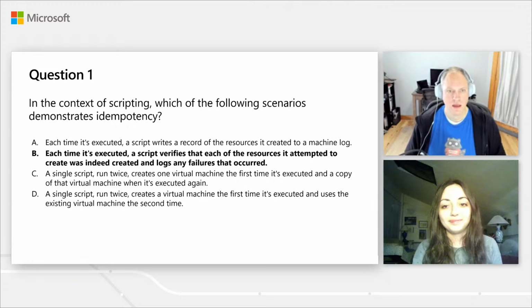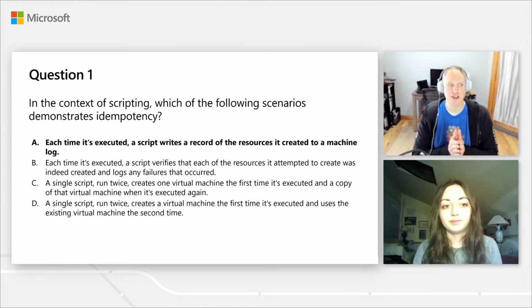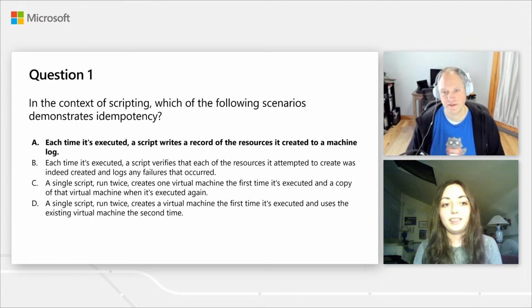Okay. And let's try A. Each time it's executed, a script writes a record of the resources it created to the machine log. Yes, I think that this answer is also incorrect because idempotency is not about recording the resources that the script has created.